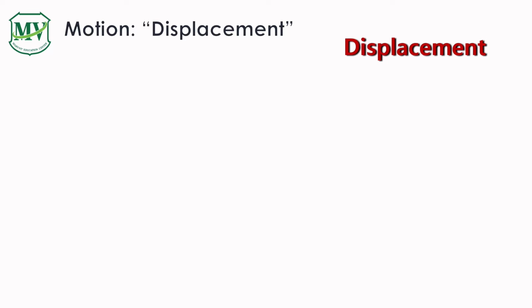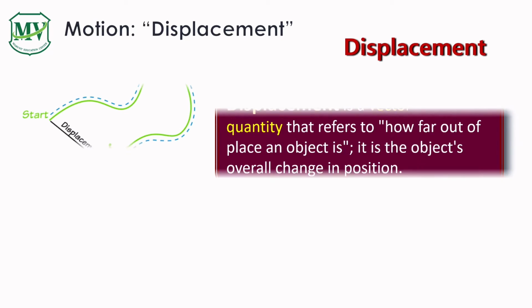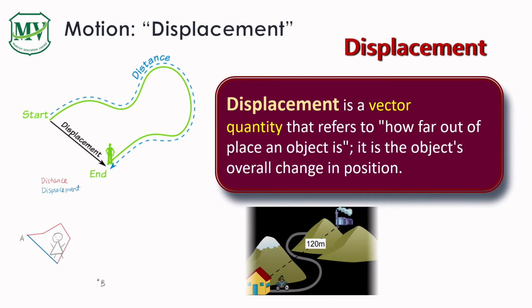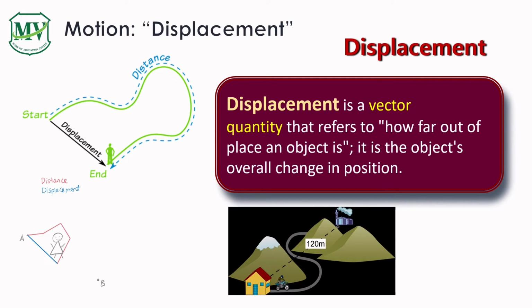Displacement is the length of the path traveled by an object in a specific direction. The length of this path is measured from the object's initial position to its final position in a straight line. It is a vector quantity.